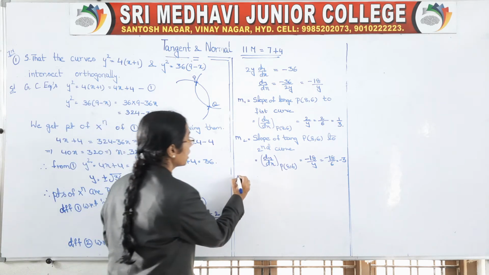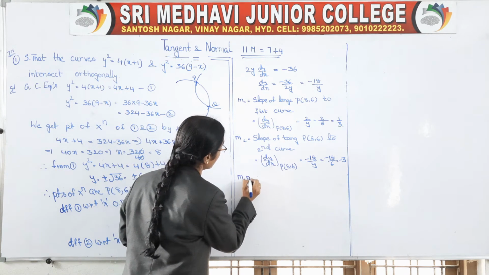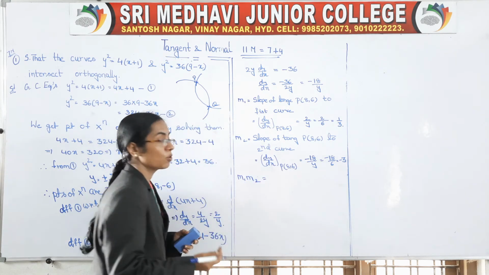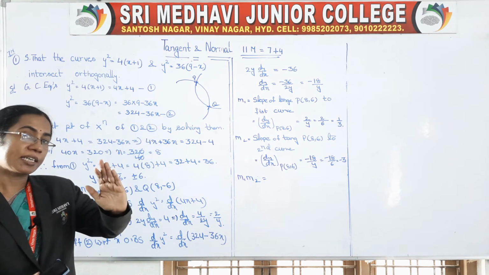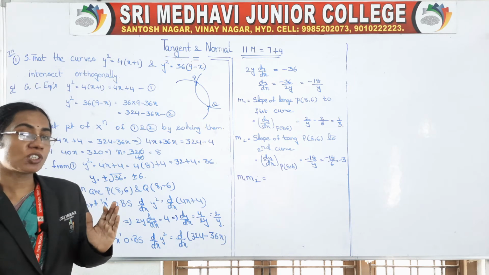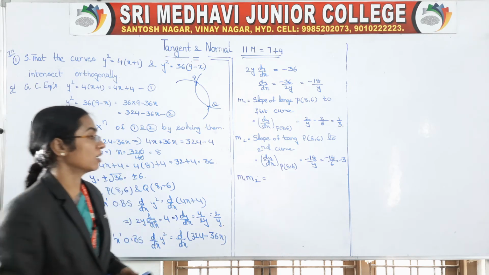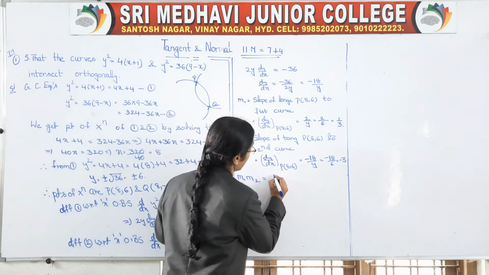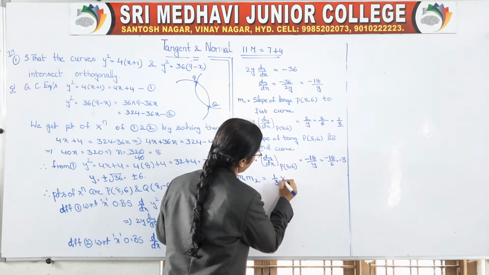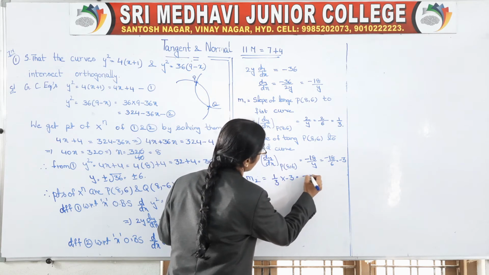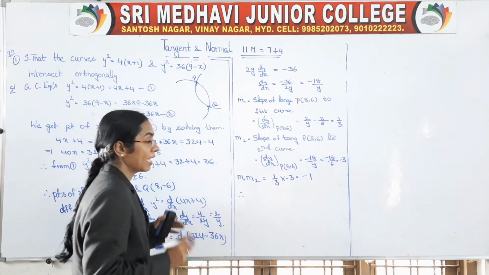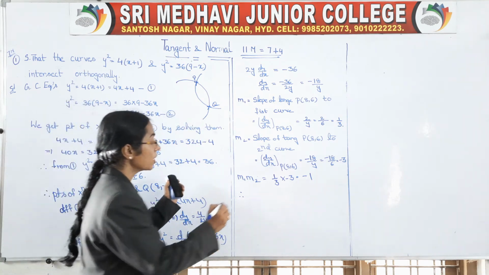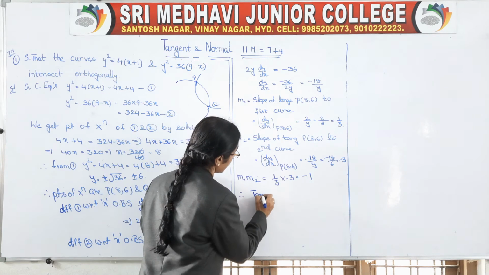So therefore, now you take m1 m2, the product of the slopes of the tangents at the point P to the first curve and the second curve. So it is 1 by 3 into minus 3 is equal to minus 1. Therefore, the tangents are perpendicular to each other.